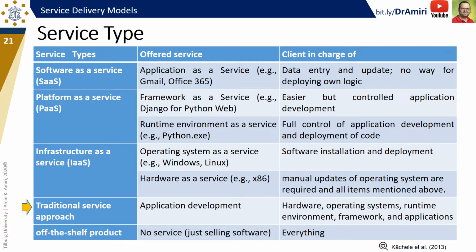Another traditional approach was buying an off-the-shelf software product rather than asking for developing a software application. In this case, service was limited to a help desk that guided you on how to use or troubleshoot the software application.